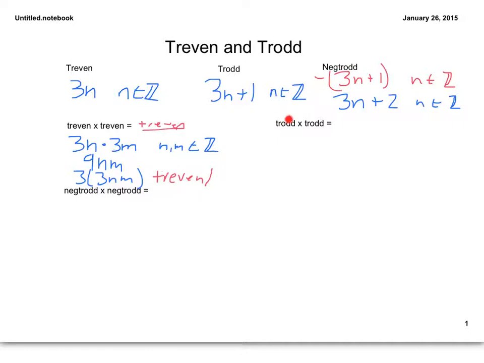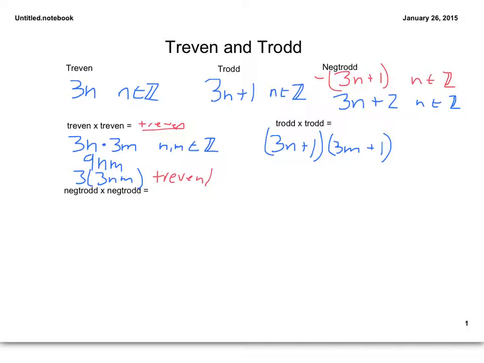Okay, on over here. I'm going to do a trodd times a trodd. First trodd, I'm going to stick with n for now. I'm going to have 3n plus 1, and then I'm going to multiply this by another trodd. It needs to be a different trodd, or it could be the same, but it's going to have m instead of n. Otherwise, again, I'd be squaring it. Now remember to put these in parentheses so that I'm multiplying this whole number here, this trodd, times this whole number here, which is also trodd.